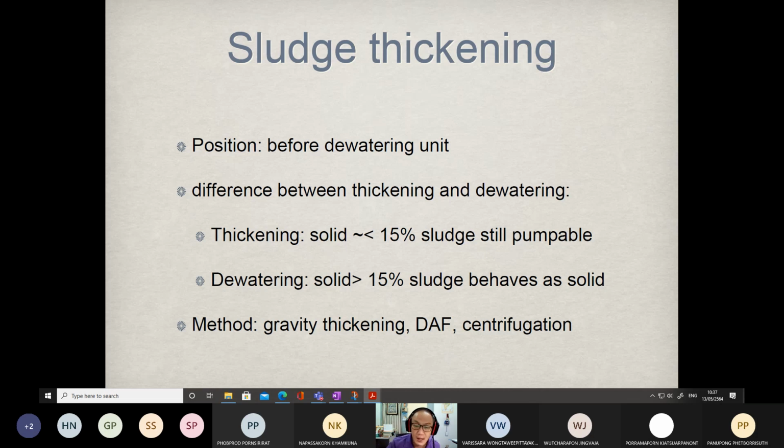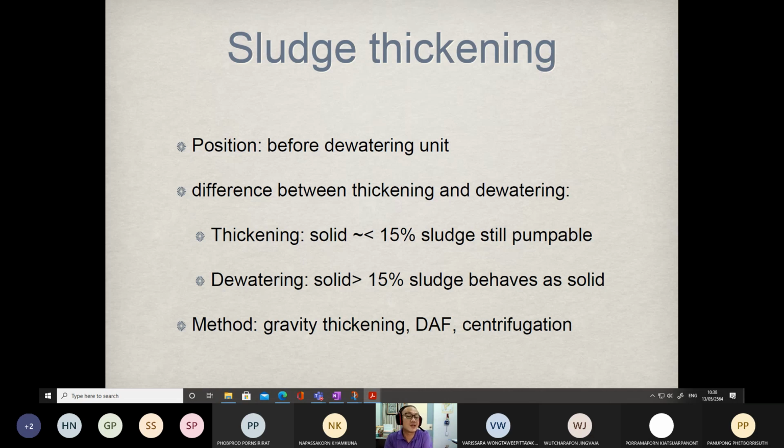After the thickening process, the concentration of solids will still be less than 15%, so the sludge is still pumpable. But for dewatering, the solids content is greater than 15%, so the sludge behaves as a solid.